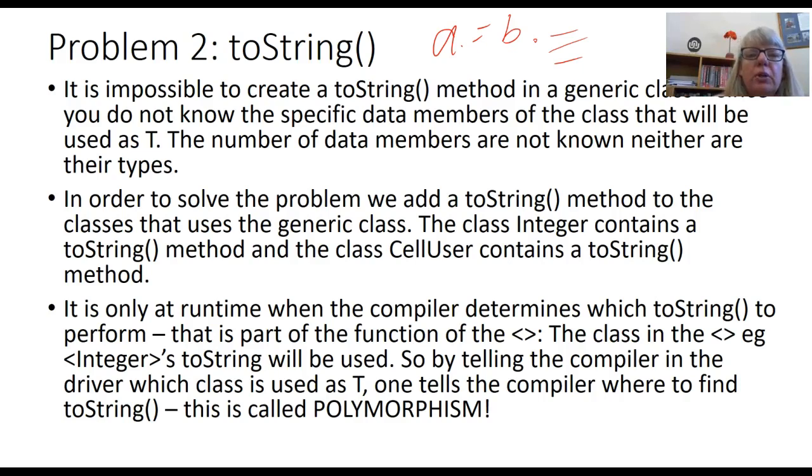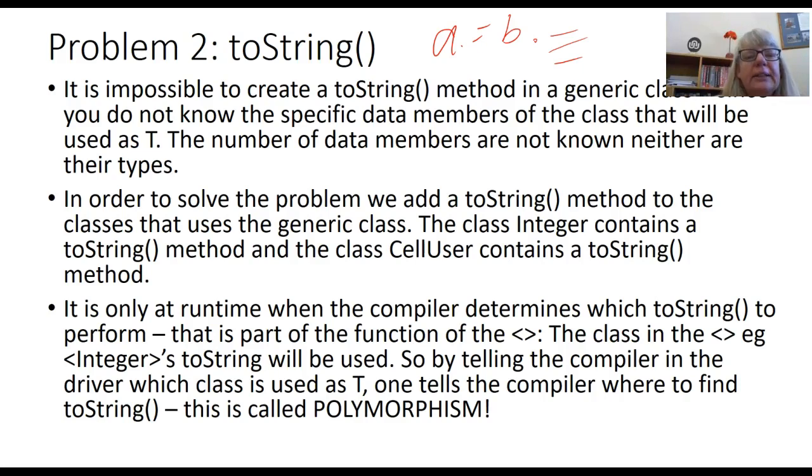But you don't know when you write the program what the instance variables are. When I wrote the program for the unsorted optimized array, I did not know the listing class's attributes, neither the cell user class. But I do not want to know those attributes. I cannot specify attributes for objects I don't know.